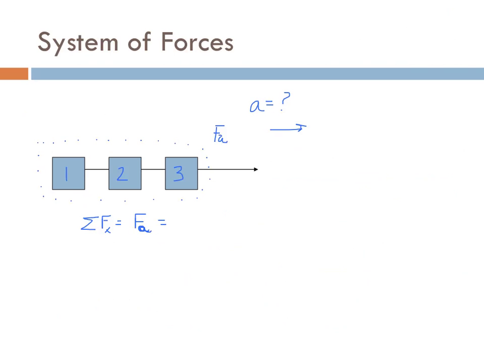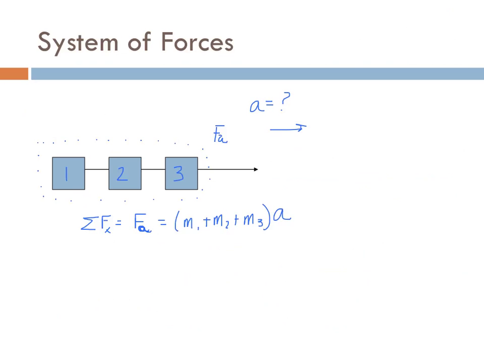And that force is equal to the mass of the system, which is mass 1 plus mass 2 plus mass 3, times the acceleration of the system. Again, the acceleration of the system is the acceleration of each individual piece, because if they're tied together and we assume that the string is tight the entire time, then the acceleration is the same for all 3 pieces.